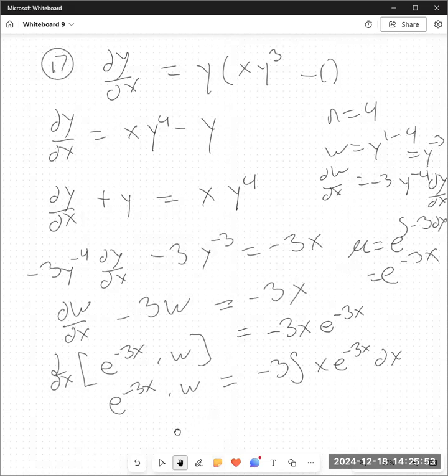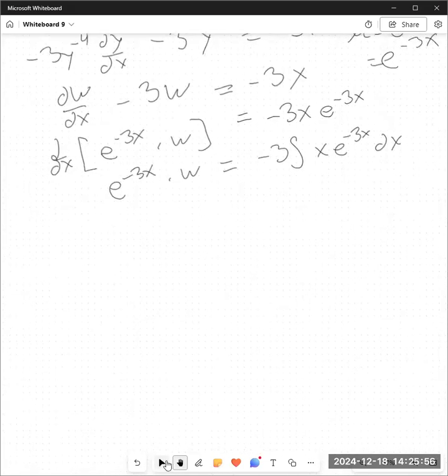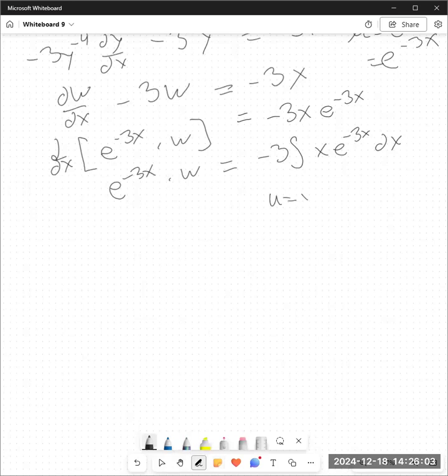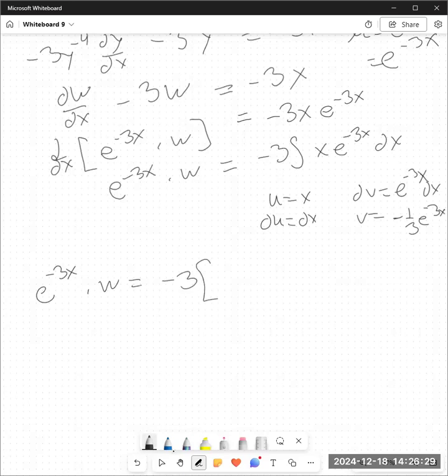We're going to need to integrate by parts here with u equals x, dv equals e to the negative 3x dx, and du is equal to dx, and v is equal to negative 1/3 e to the negative 3x.